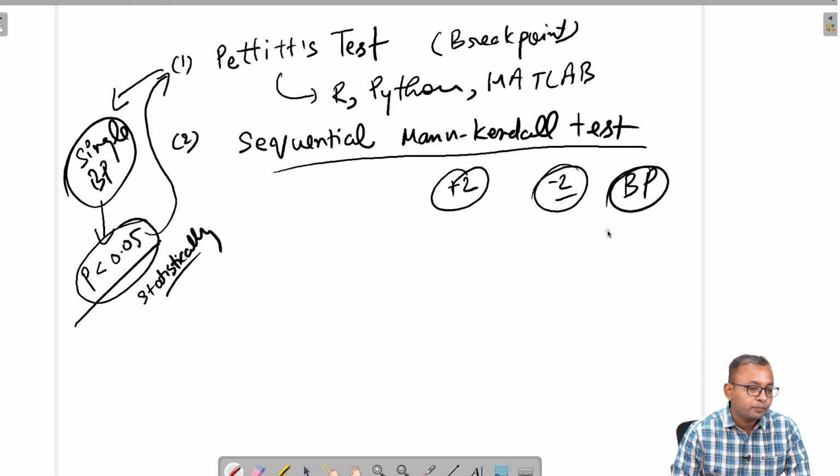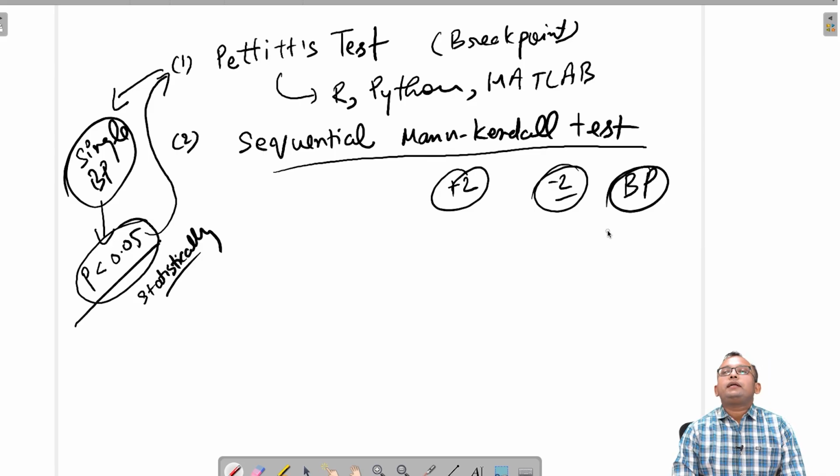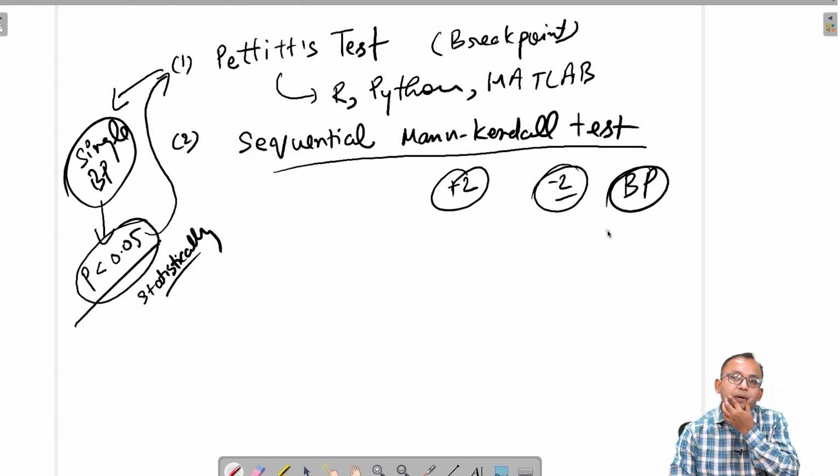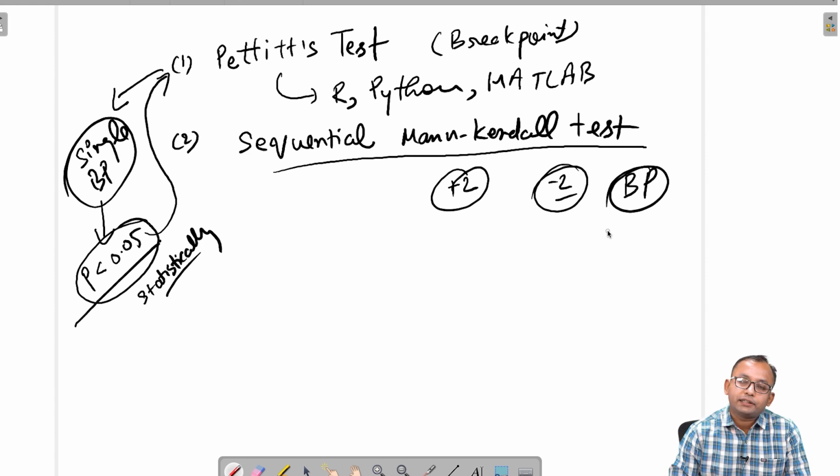Why is it important? Because if you know the breakpoint, you will be able to understand the potential driver which is responsible for change in the pattern in your data set. Or it is also sometimes very useful when you are talking about non-stationary conditions, because one part of the data set has different statistical properties, another part has different statistical properties.